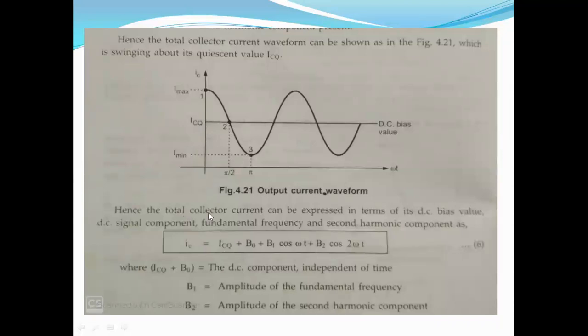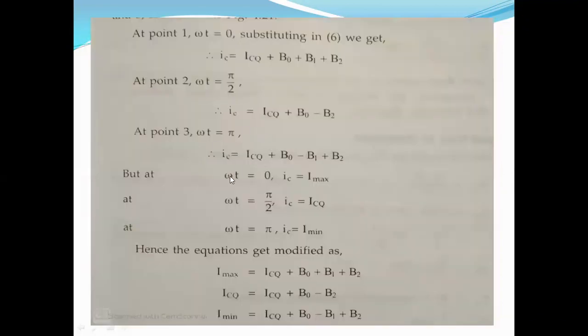Let us analyze the current at each point. At point 1, the current is Imax. At point 2, the current is ICQ. At point 3, the current is I min. So at point 1, Imax is equal to ICQ plus B0 plus B1 plus B2.